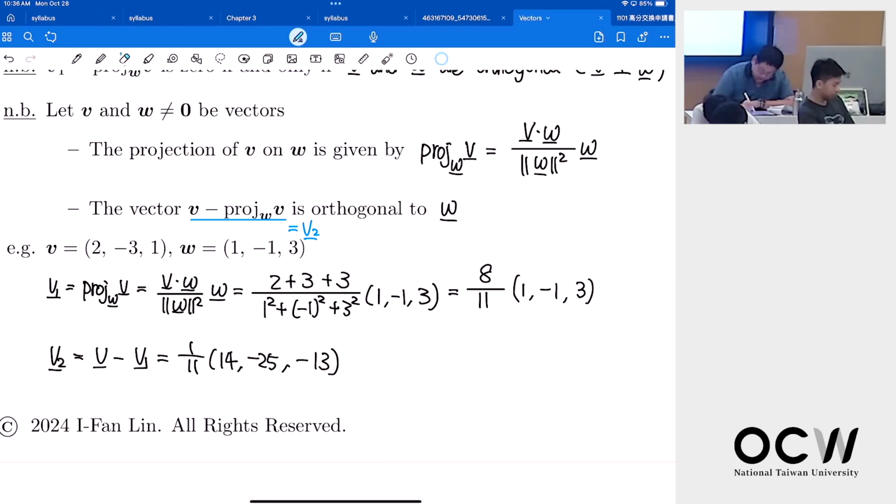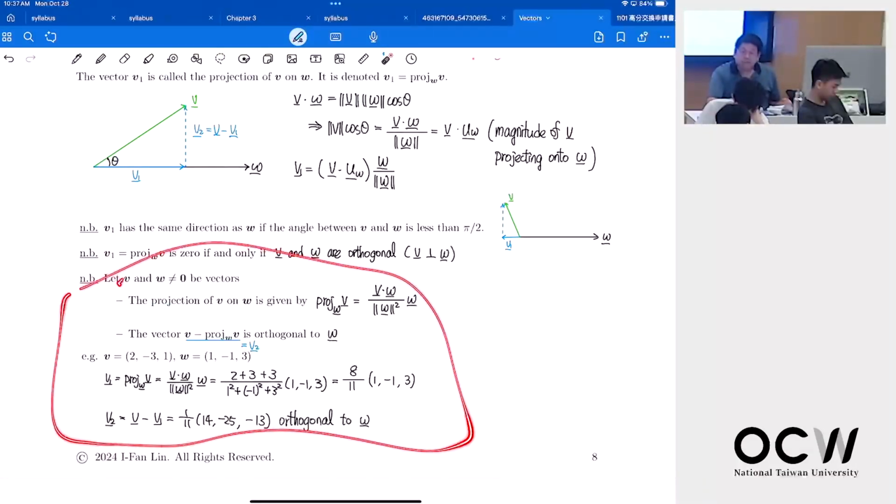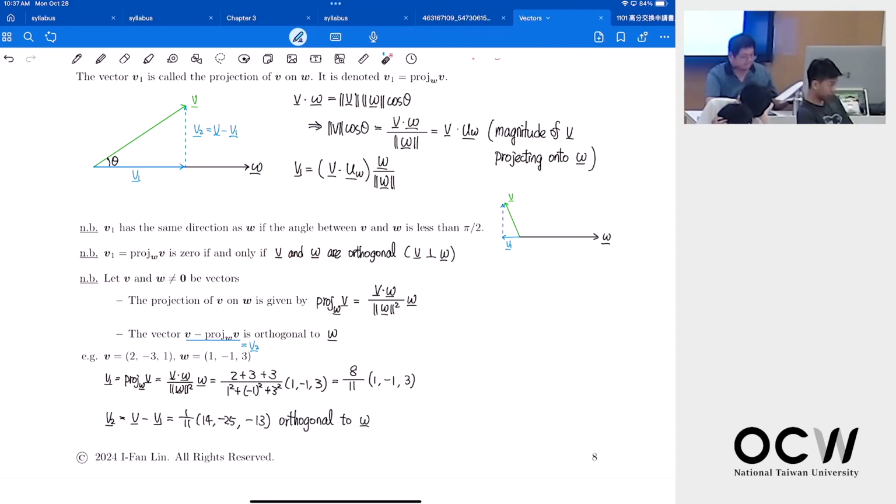Always remember that this is orthogonal to the vector W. Very important, because later on we will use Gram-Schmidt's theory, and we will use the concept of projection. Any questions?